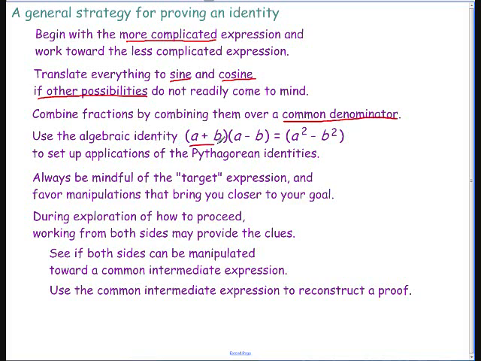Don't forget about conjugates, because these Pythagorean identities can use this algebraic identity a lot. Be aware of what you're headed to. Work from both sides if you need to get yourself an idea of how to get there. Do not be discouraged if you don't have much of an idea of how to do it. Just get started. Do something.